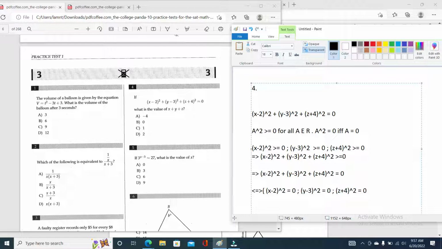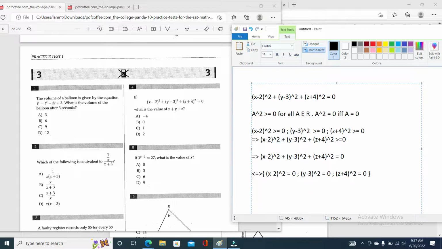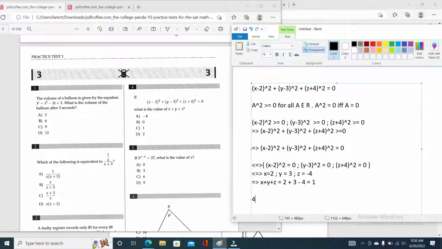Okay, so this just means that, with simple calculation, x equals 2, y equals 3, and z equals minus 4, right? So x plus y plus z is just 2 plus 3 minus 4, which is 1, right? So the answer for number 4 is actually C.